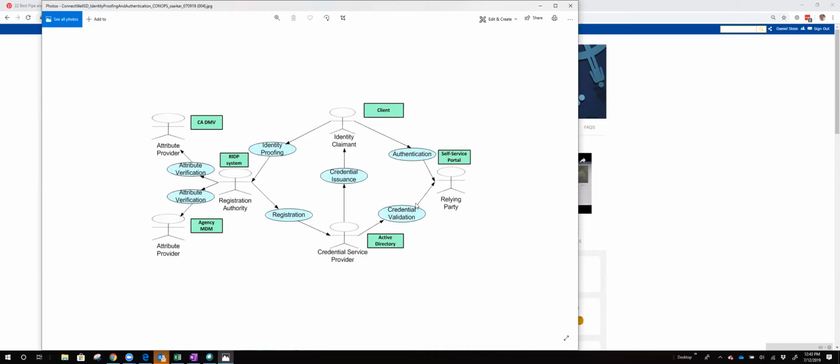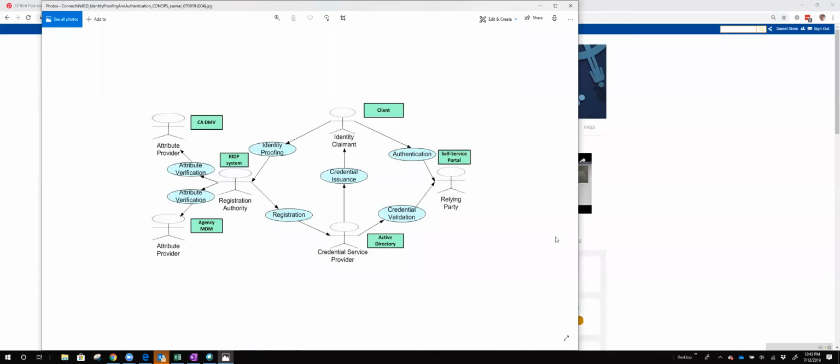Now, there are three parts to this that I will touch upon very quickly. One is just the identity of the customer. The second is the identity proofing problem, to determine if the identity claimant indeed is who they are claiming to be.